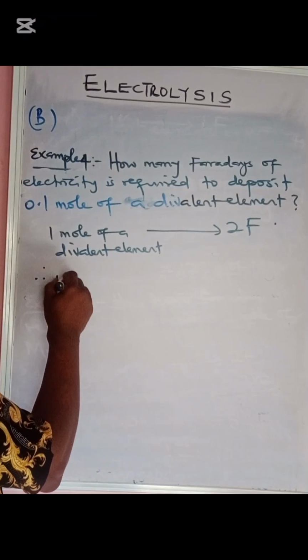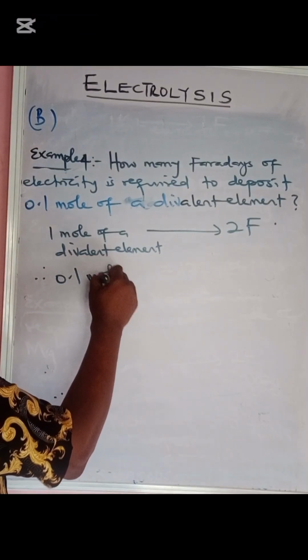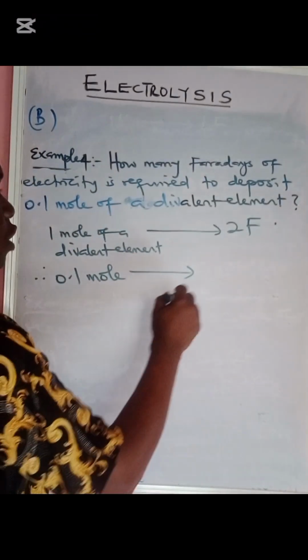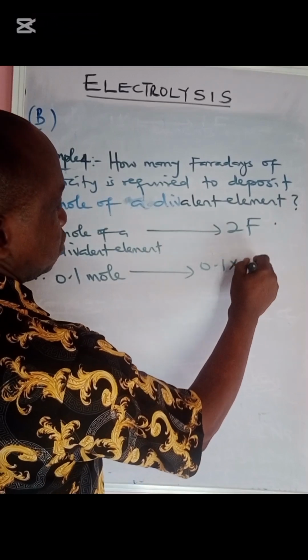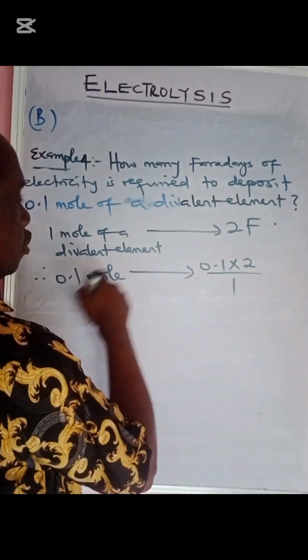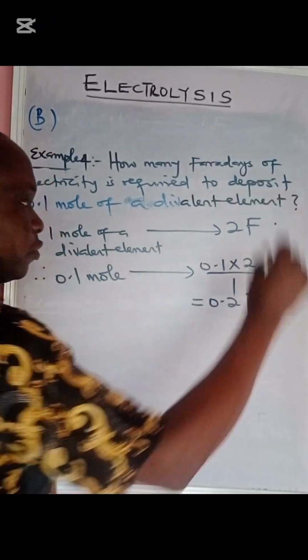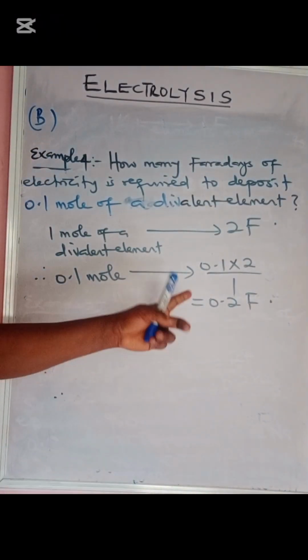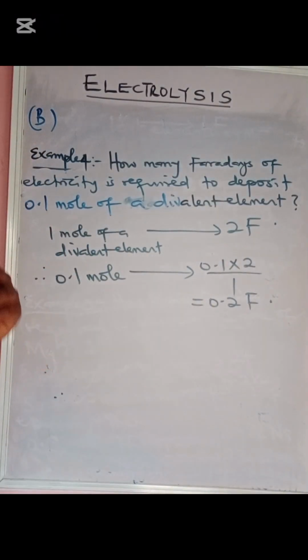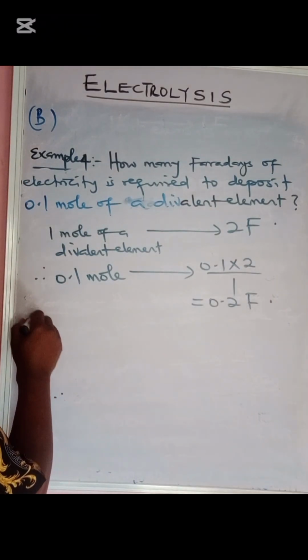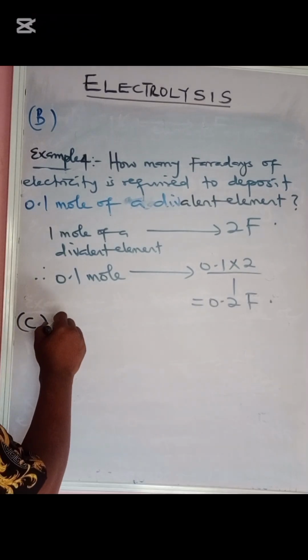Therefore, 0.1 mole of the element will be 0.1 times 2 divided by 1. So the answer is 0.2 Faraday. You can convert this to Coulomb if it is given. So we are done with case B.